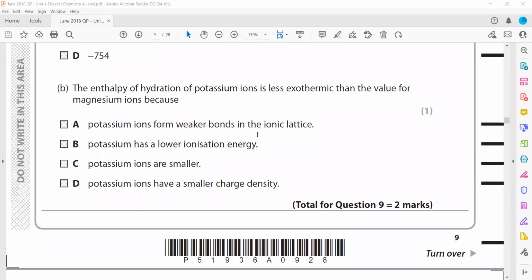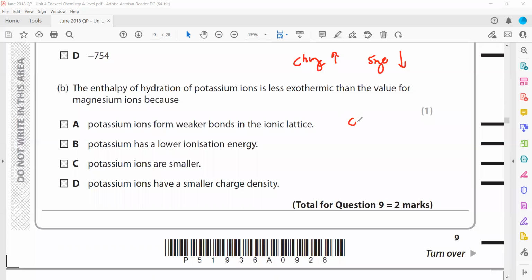The enthalpy change of hydration of potassium is less exothermic than magnesium. What is the reason for that? If the bonds are stronger, the hydration energy is higher. Hydration energy depends on two things: the charge and the size. The charge on the ion should be more and the size of the ion should be small so that it can form a strong bond.